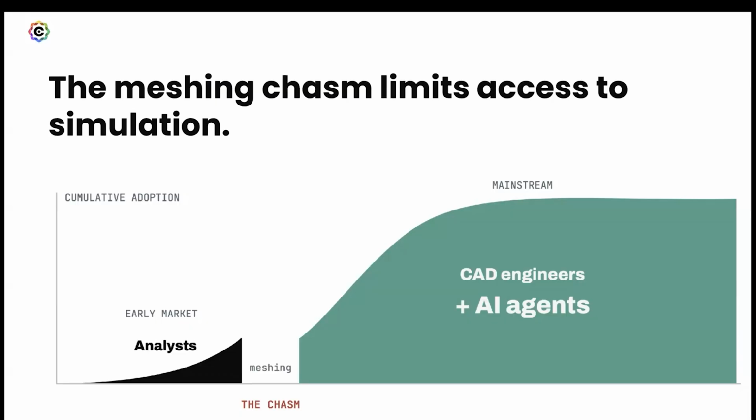As agents and multi-agent workflows are being introduced, the requirement to create an approximate mesh of your CAD model, which requires human discernment and human interaction, really does severely limit the ability of CAD agents or AI agents to integrate and fully leverage simulation.